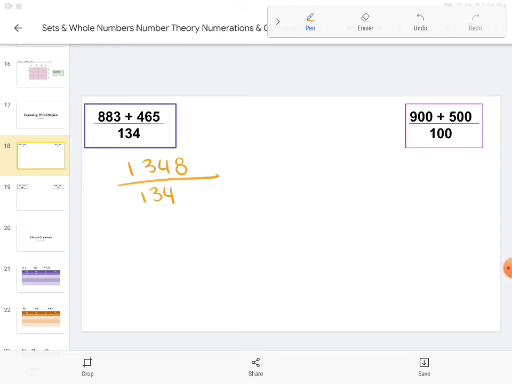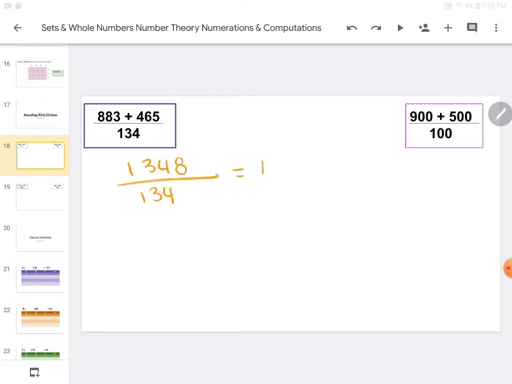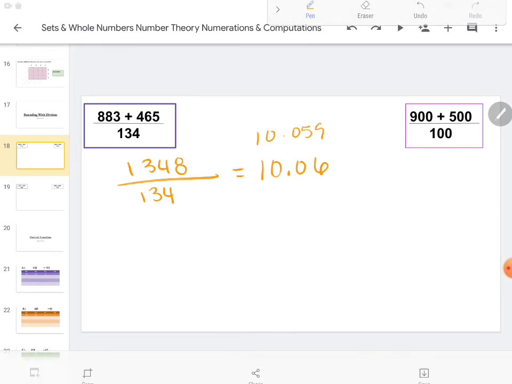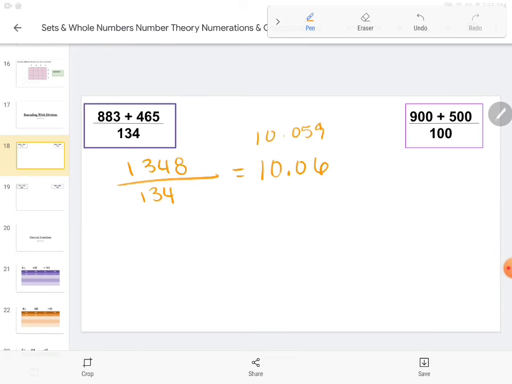10.597014925. Round it to the nearest hundredth. Just round it to the nearest second digit or third digit. I'm actually going to do my answer as 10.06 because in our original answer, 10.059, you'll notice that the 9 is 5 and above.